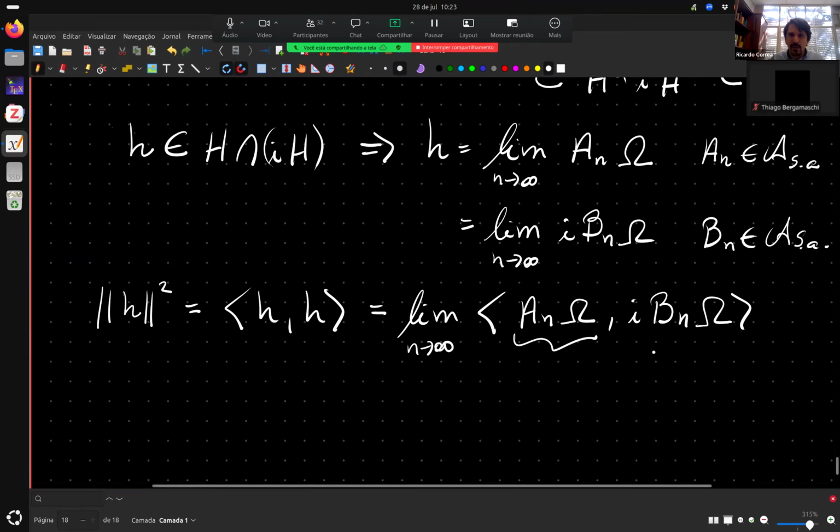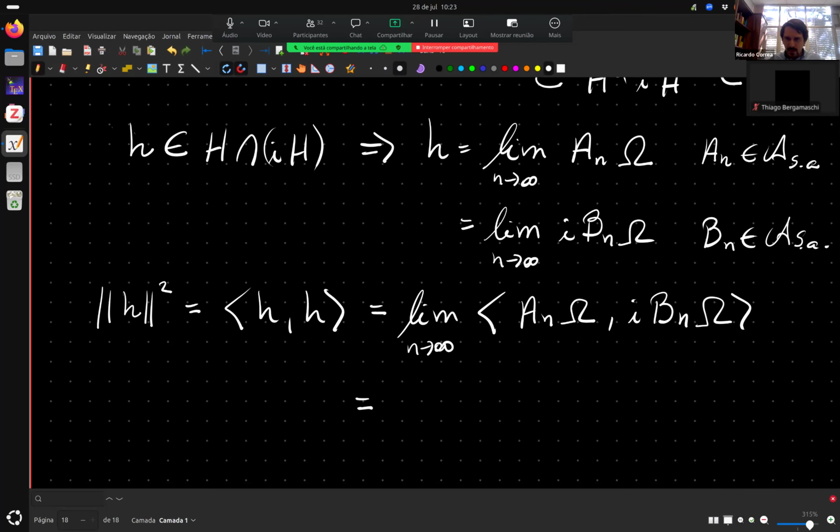So this goes to H, this goes to H. The inner product is jointly continuous, so I can write it this way. And now let's see what I want to do. I probably want to conjugate.